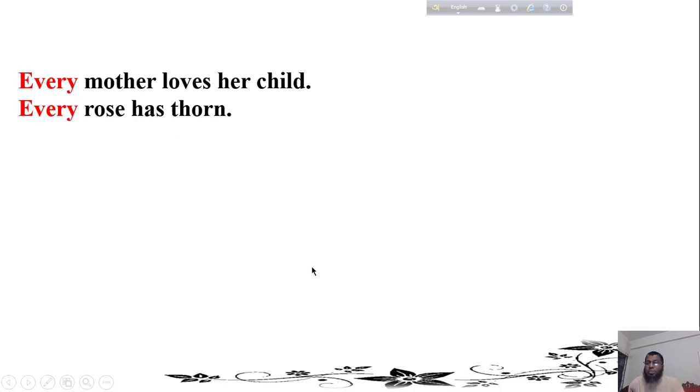Okay, mind it. When the subject of an affirmative sentence is formed with "every" plus noun, then we can change these sentences into negative following these rules.